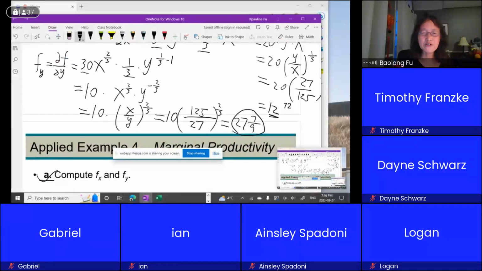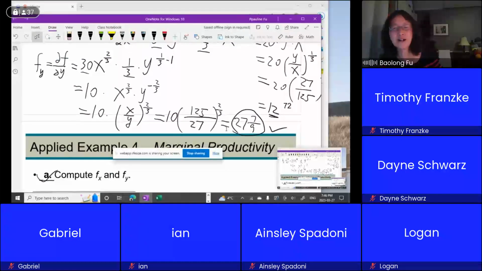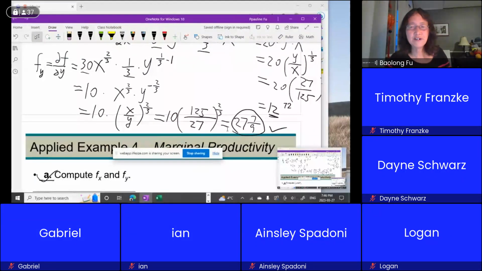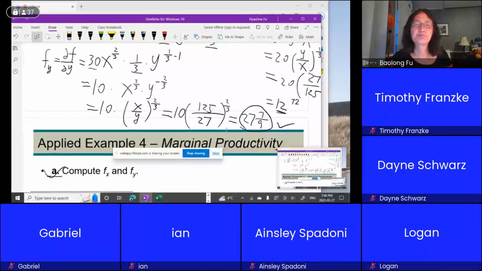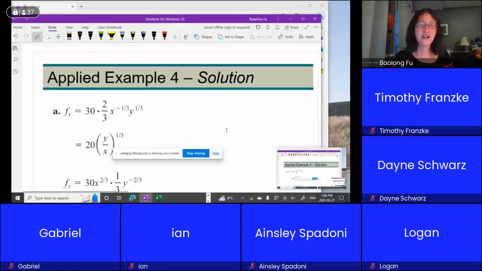So the government should invest in capital because its marginal productivity is higher than the marginal productivity of labor. Questions?